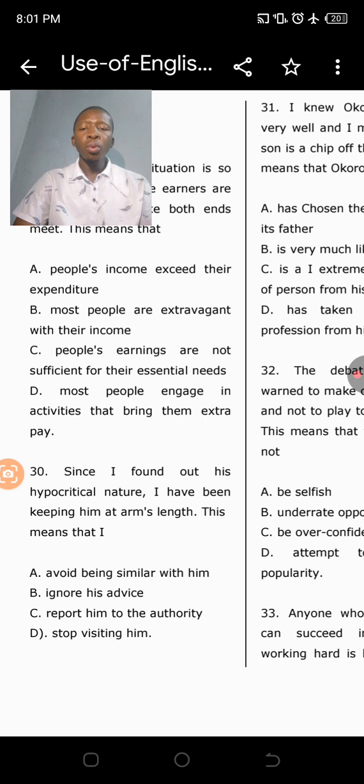So here we have avoid being similar. For me, it's avoid being familiar with him, which is our answer.